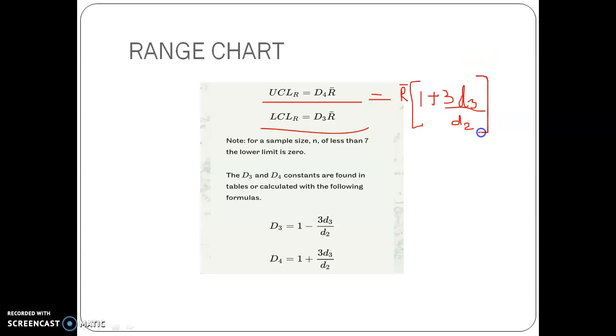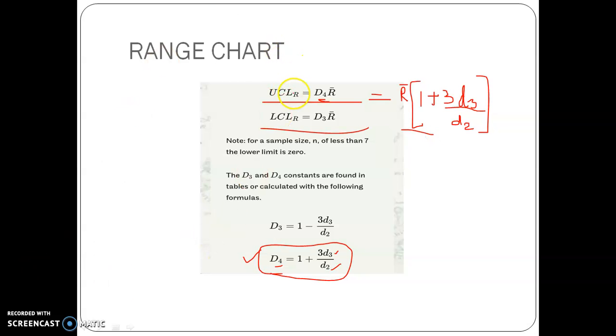So this becomes our alternative formula. Now from where has this alternative formula come? This alternative formula has come by placing D4 as this. So this capital D4 can alternatively be written in terms of small d3 and small d2, and that is why we get this alternative formula for upper control limit.